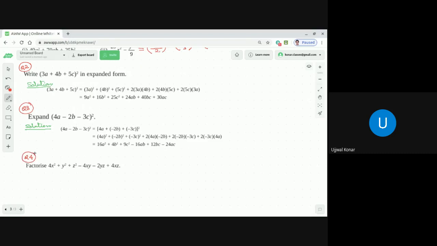You need to express this expression as a product of a few expressions. Got it? That is 4x square plus y square plus z square minus 4xy minus 2yz plus 4zx. You need to express it as a product of expressions.